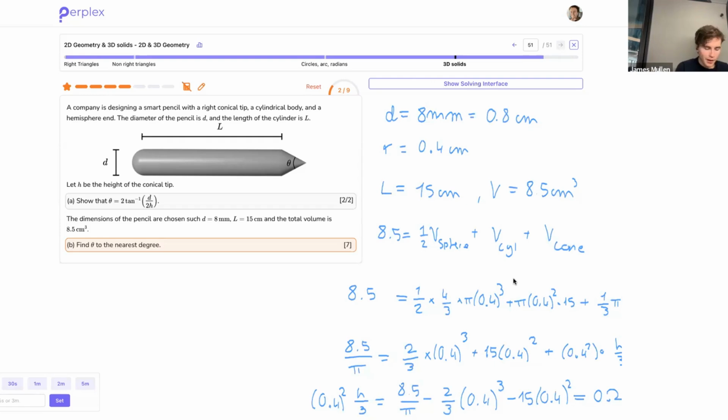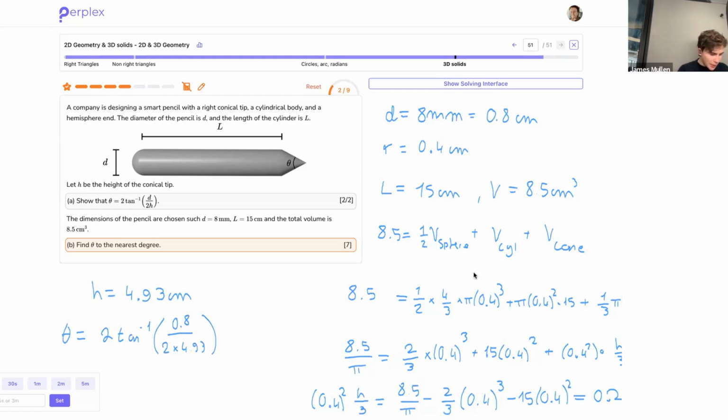So if I multiply that by 3 and then divide by 0.4 squared, I will find the height of the pencil. And if I do that, I will find h is equal to 4.93 centimeters. The final step is to plug that into the formula I have from A. So theta is equal to 2 times the inverse tan of 0.8 divided by 2 times 4.93.